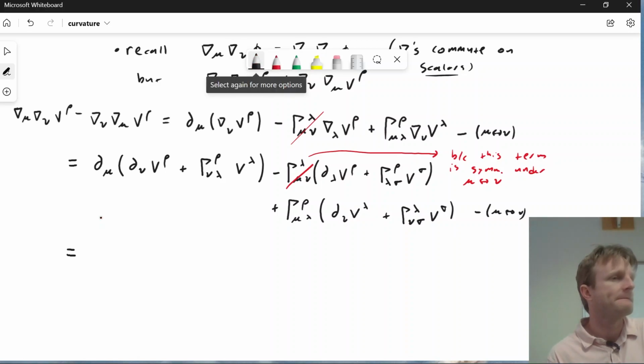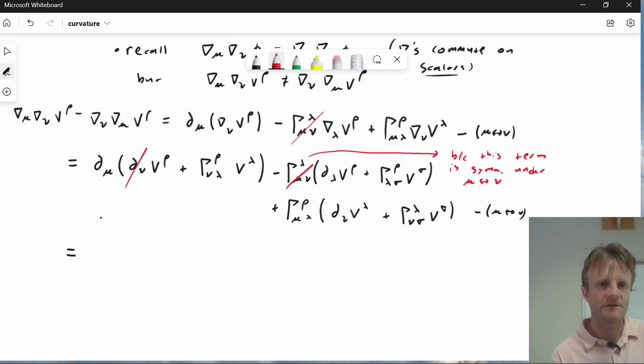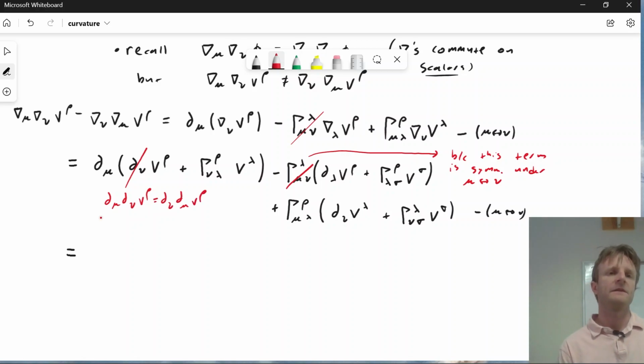Yes? The very first term will have partial mu, partial nu, but those can commute. Exactly. Partial derivatives commute. So for the same reason, this term, because this term is del nu v rho, also symmetric, del nu del mu v rho. So that will have another term with minus mu goes to nu.